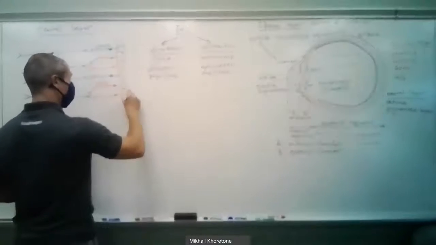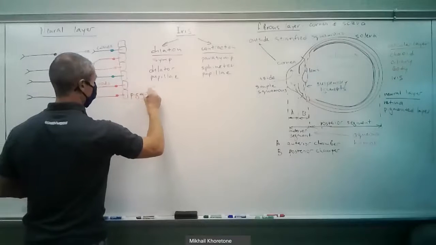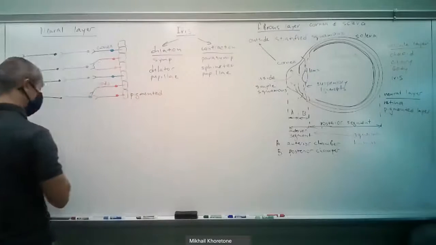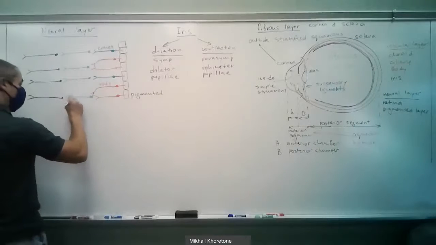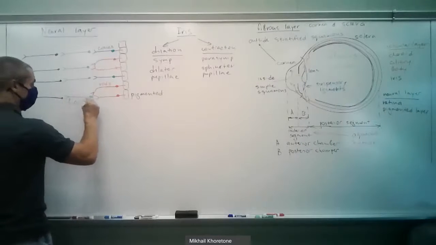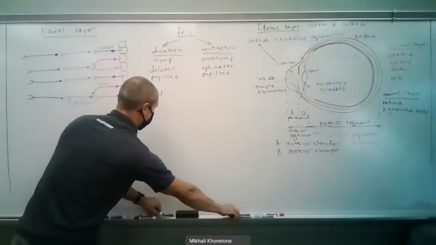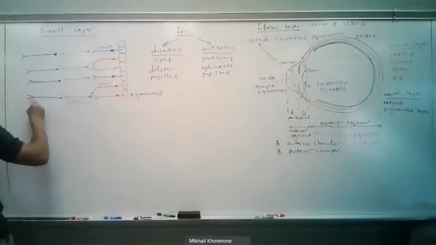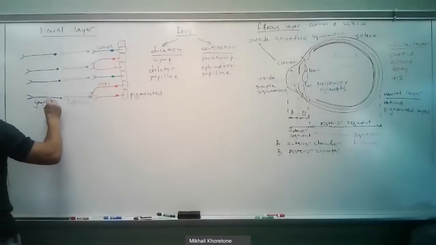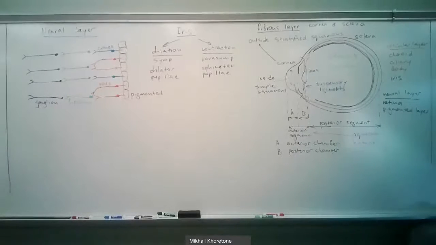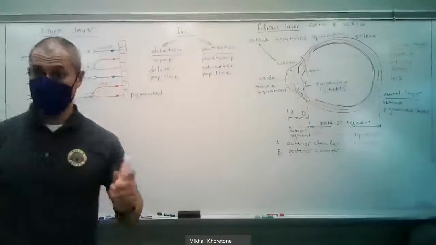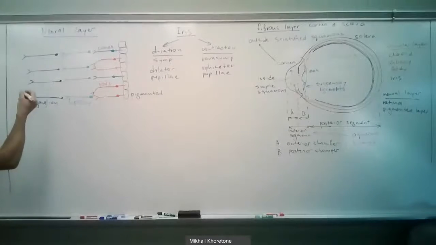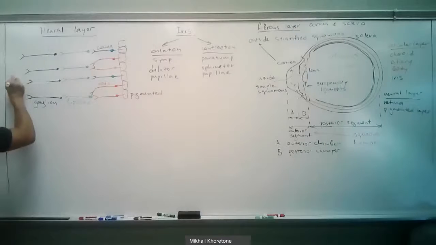This is the pigmented one. The cells in the middle are bipolar cells, and cells on the left are ganglion cells. So now look how light goes. Pay attention, the light goes in this direction.